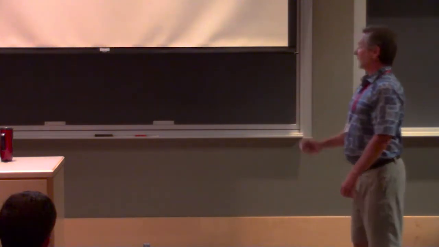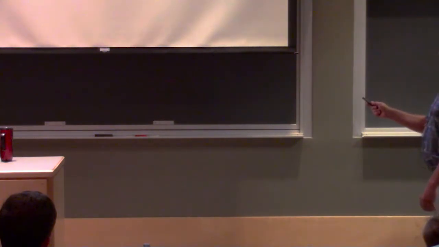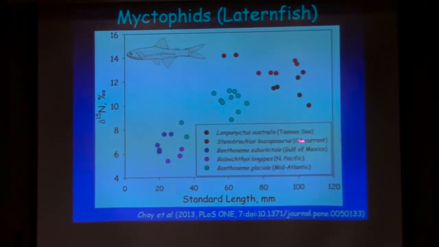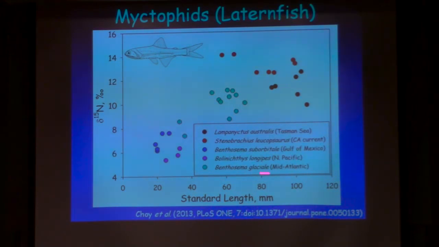So there was a study of these that looked at myctophid delta 15N values from a variety of regions: the Tasman Sea, the California Current, the Gulf of Mexico, North Pacific, the Mid-Atlantic, and the delta 15N value ranges from 6 to 12 per mil roughly.